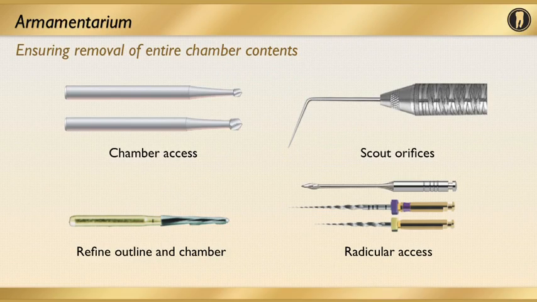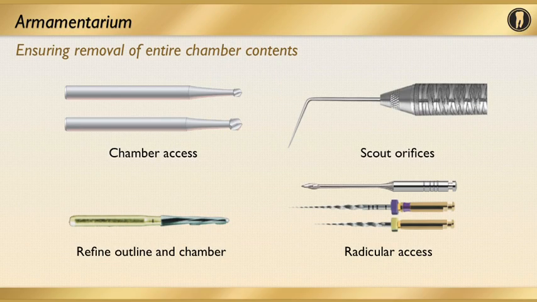The armamentarium for the penetration phase, for the actual enlargement phase, and for the enhancement phase are somewhat different, but should be considered as the armamentarium for the access cavity preparation. Notice that on the upper left-hand side for chamber access, we have an example of a number 4 round burr, most commonly used in posterior access preparation. This is your preference completely.